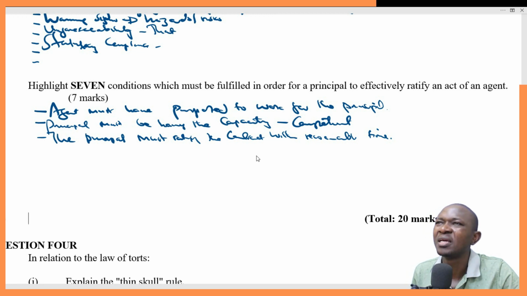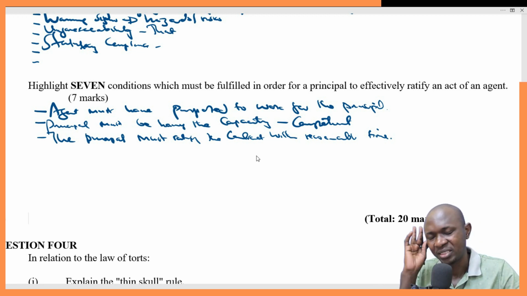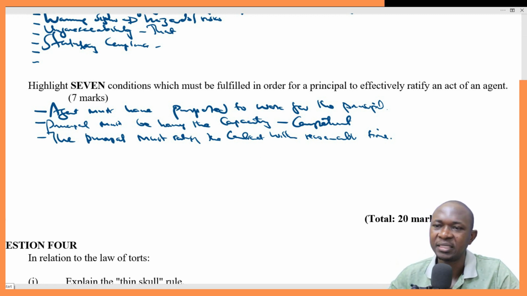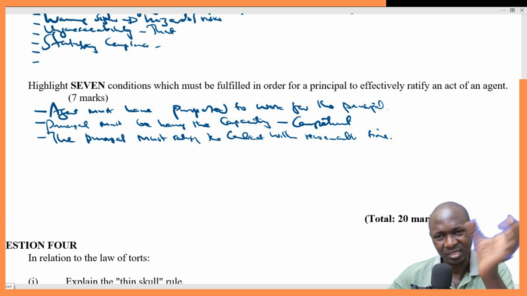It should not be something after like 1 year, 2 years, depends with the contract, of course. But generally what we are saying is the court should see that the contract was ratified within reasonable time.